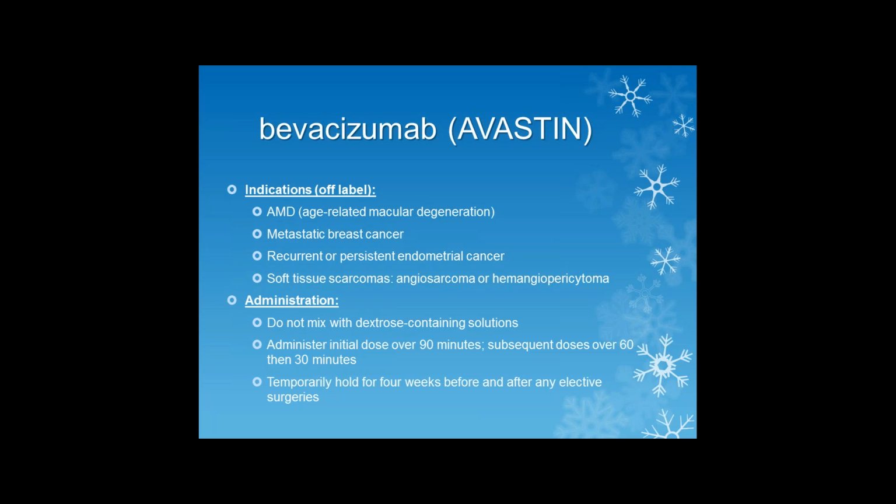And then it also has some off-label uses, so we actually have a non-onc in here, age-related macular degeneration, and also some off-label things with specific regimens for metastatic breast cancer, endometrial cancer, and soft tissue sarcomas.